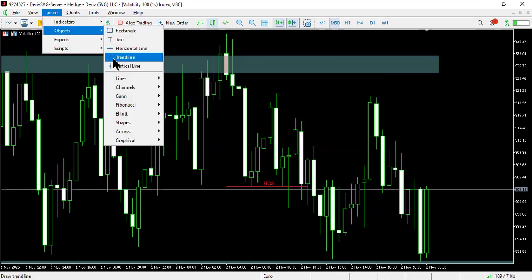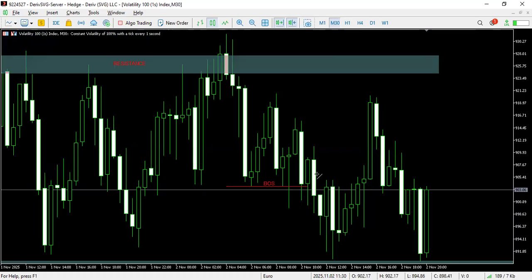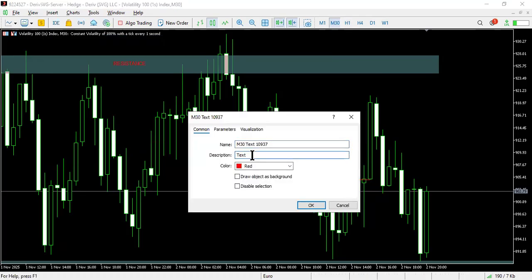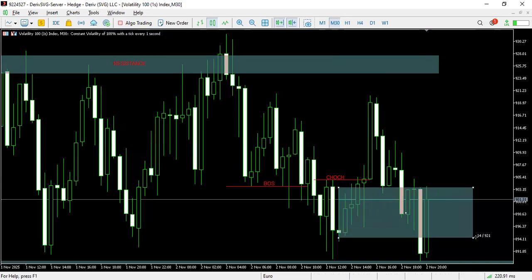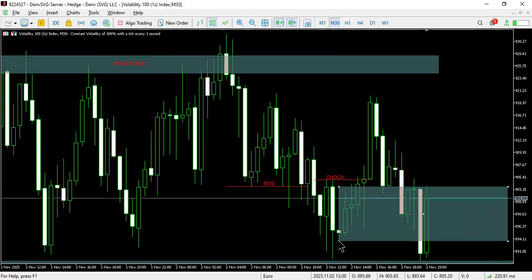And then this is a change of character. And then the order block which caused that change of character is that one where price is currently reacting.